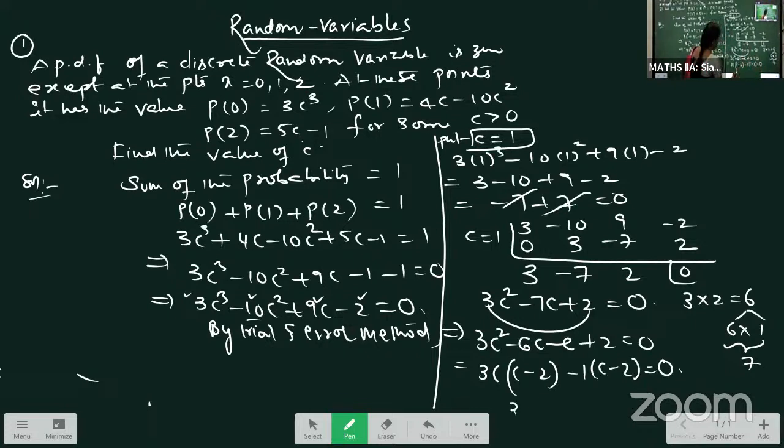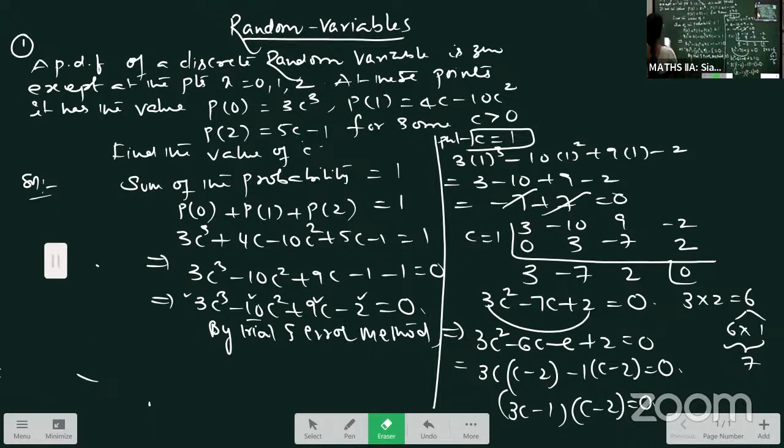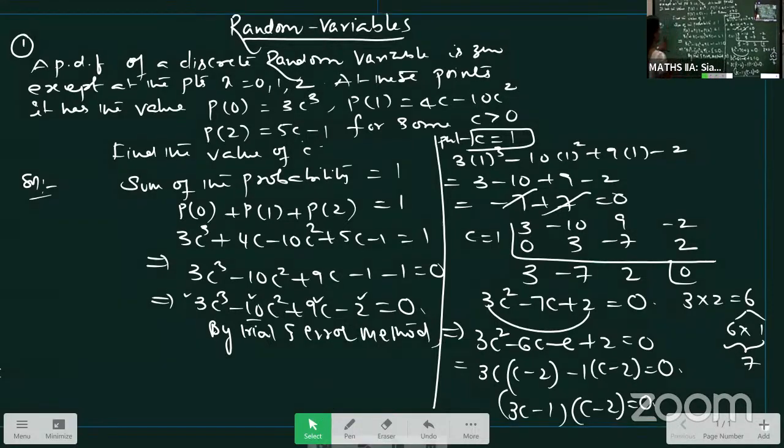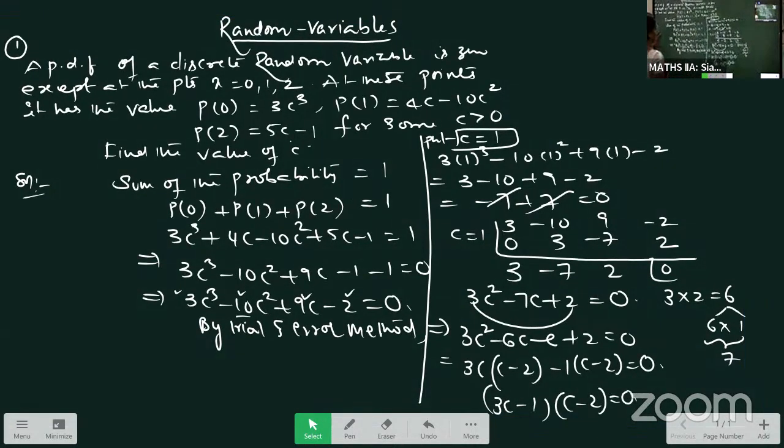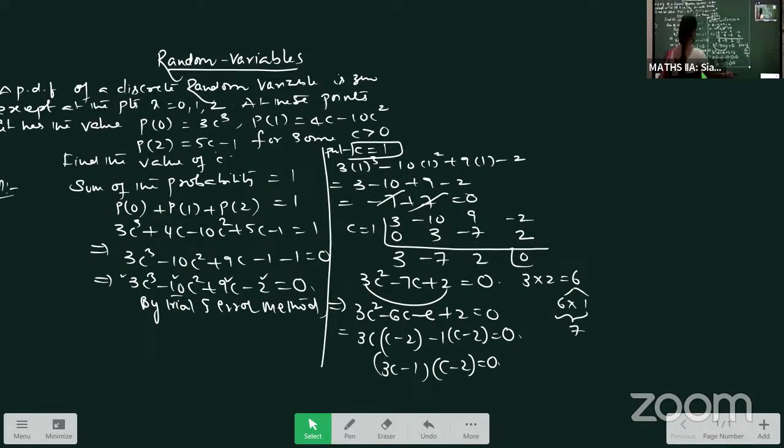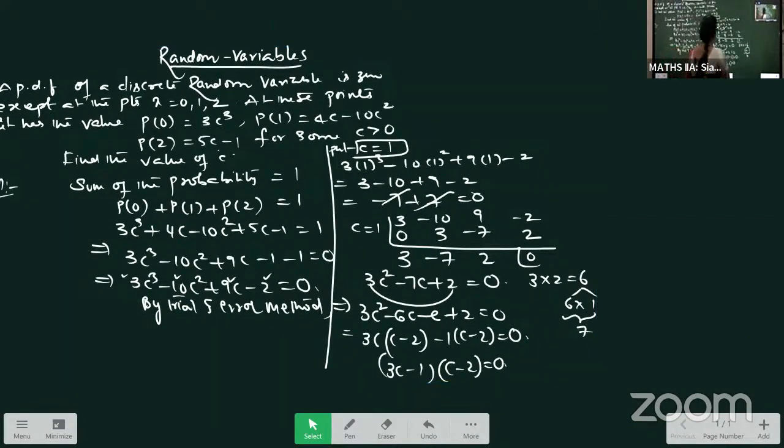Now 3c minus 1 and c minus 2 is equal to 0. So here 3c minus 1 is equal to 0, and c minus 2 is equal to 0.